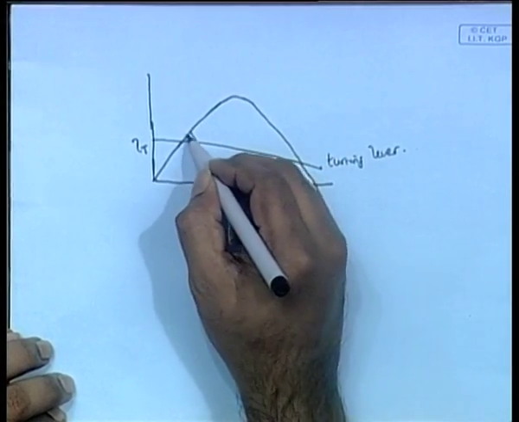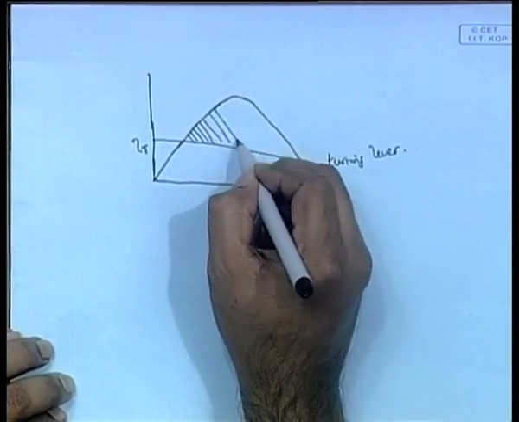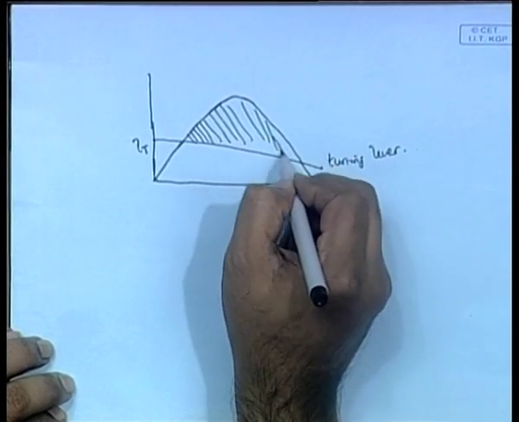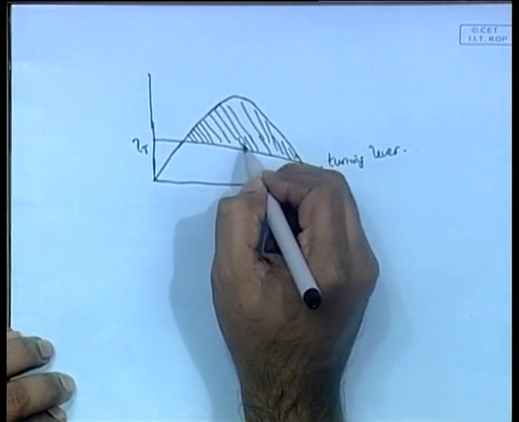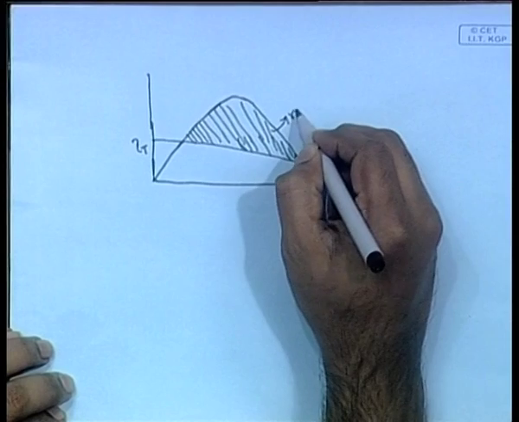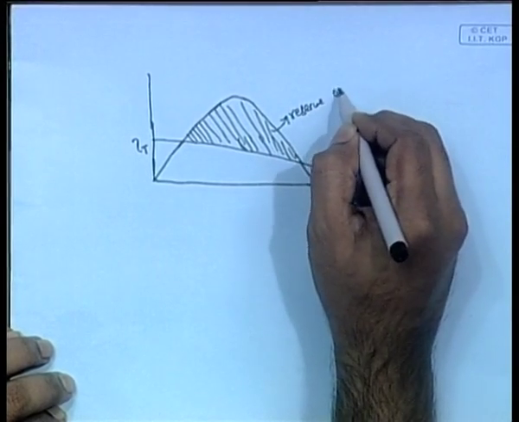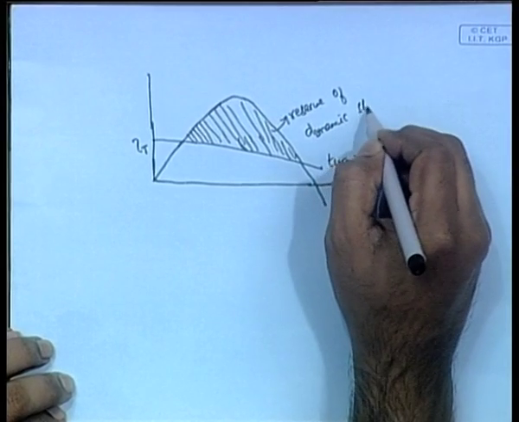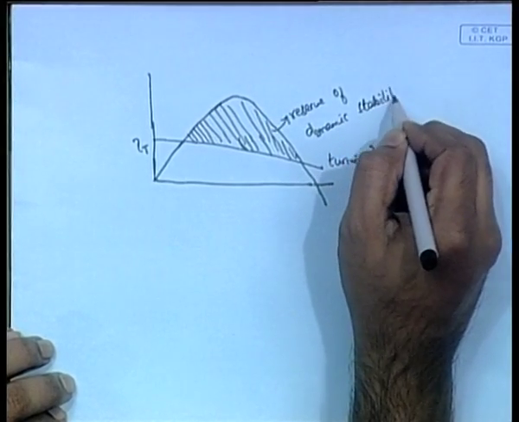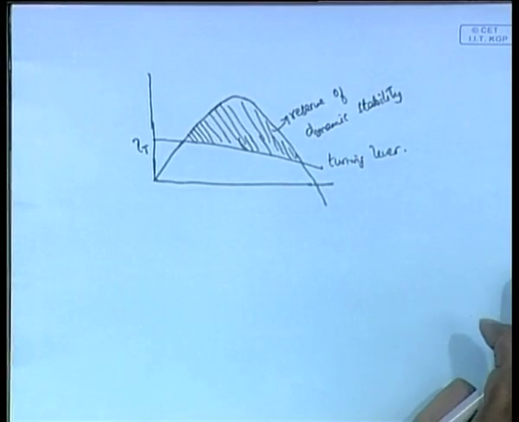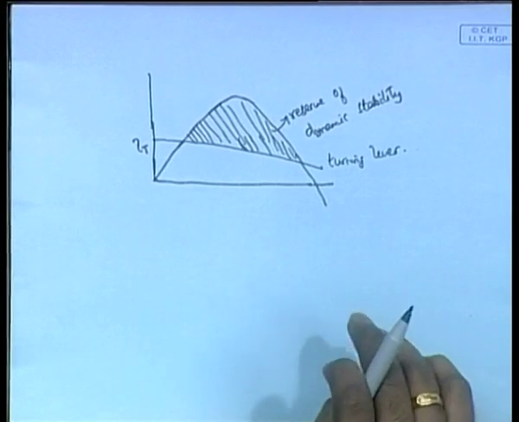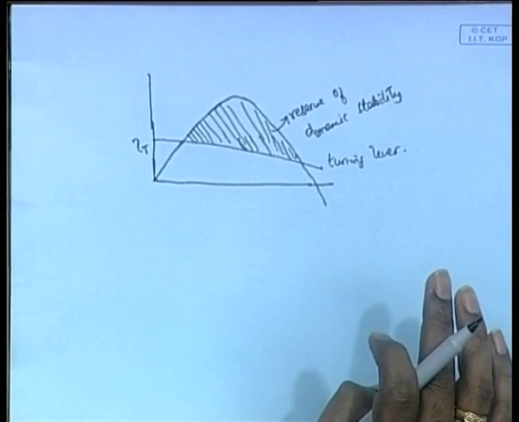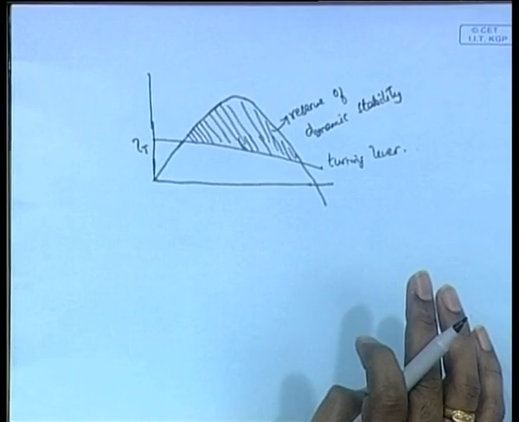Now, this region in this curve, we call it a reserve of dynamic stability.